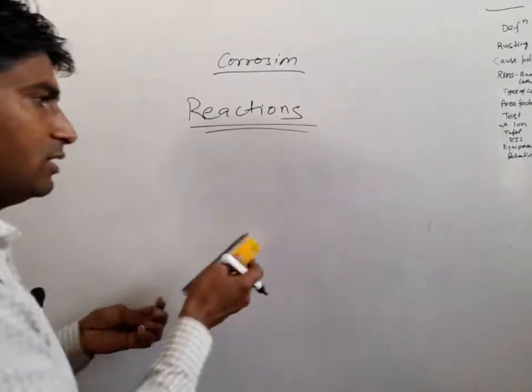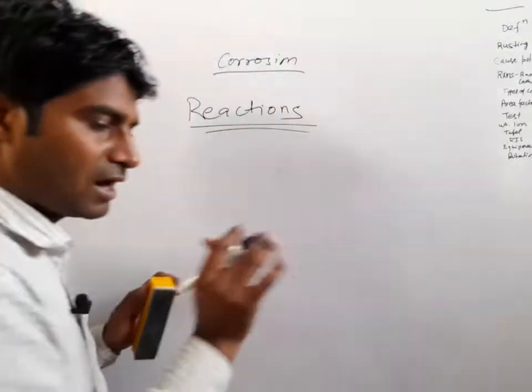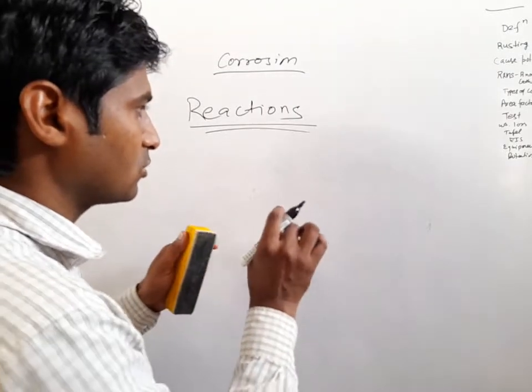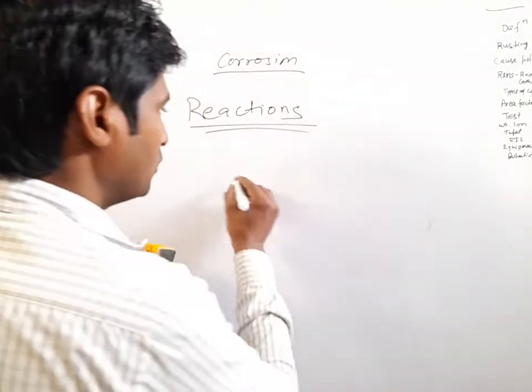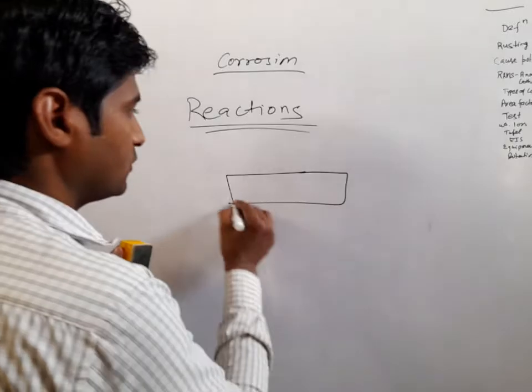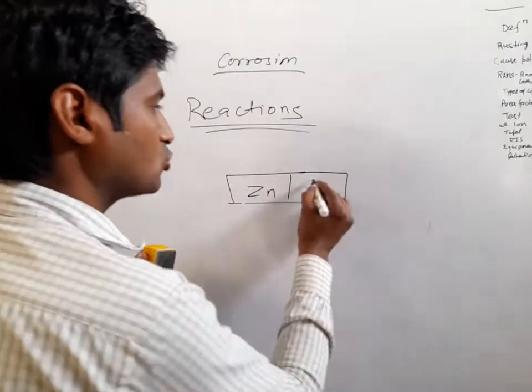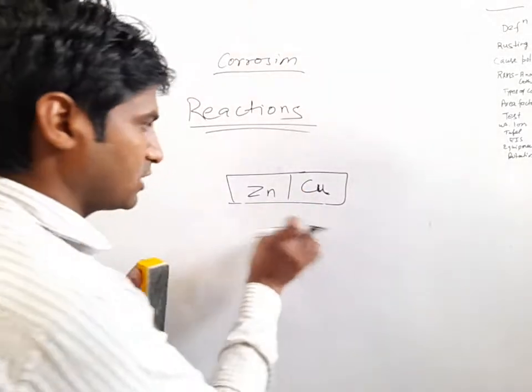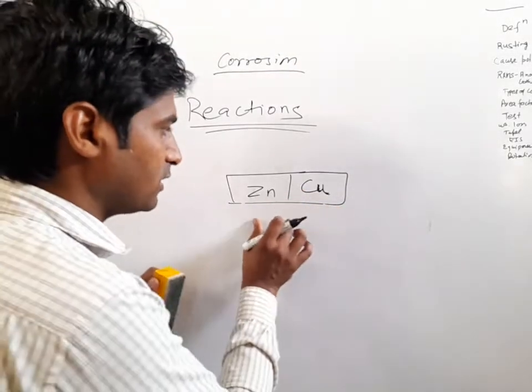So if two metals are going to corrode, like one is zinc and one is copper, and these two metals are in connection, which metal will corrode first?